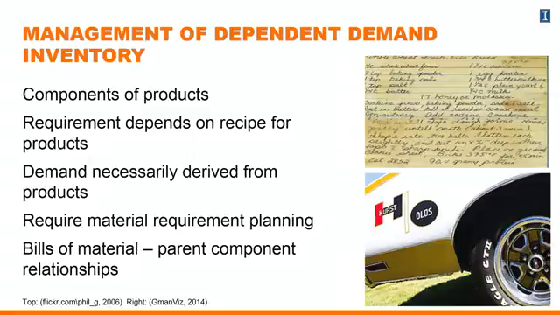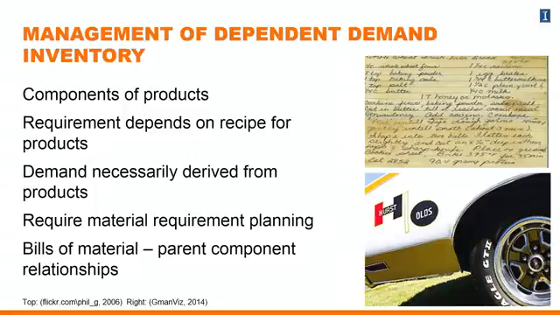Now, what do we mean by dependent demand inventory? Dependent demand inventory basically means it's the inventory for the parts that you are going to make in-house. So here, for example, you see a recipe for making a certain kind of bread. Once you know how much quantity of bread you would like to make, the dependent demand inventory is going to be determined by the recipe.